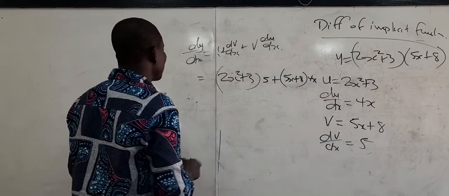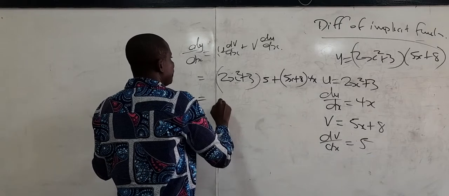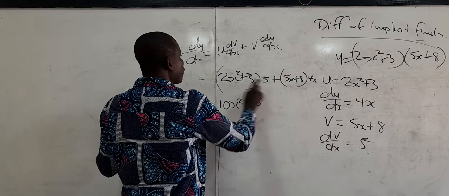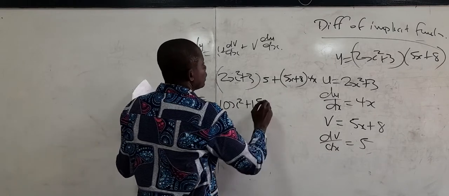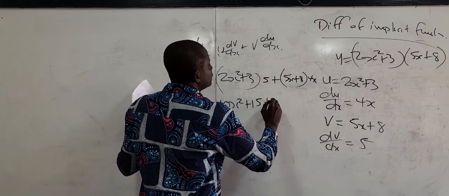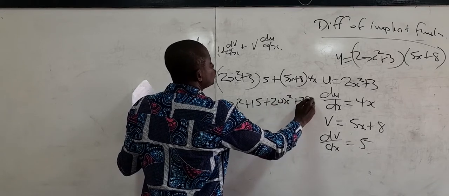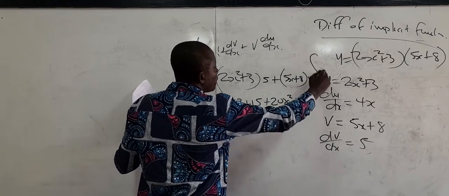So let us expand and see what will happen. Here becomes 10x squared plus 15. I'm multiplying this. Plus 20x squared plus 32x. Is that okay?